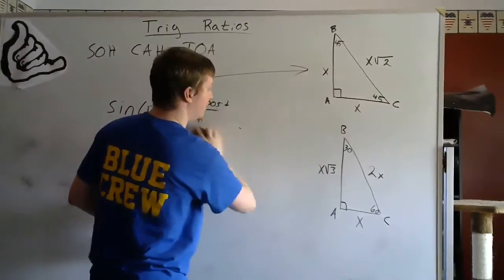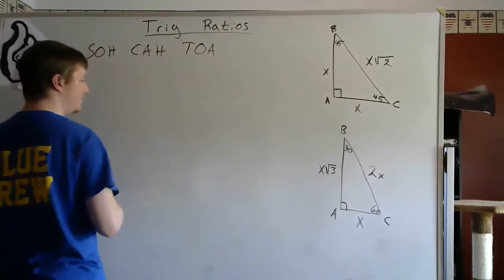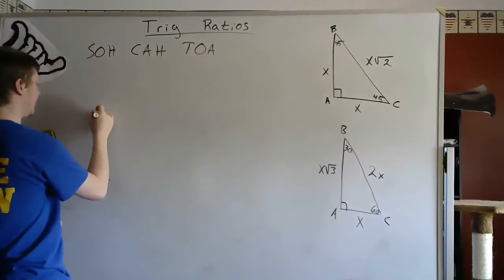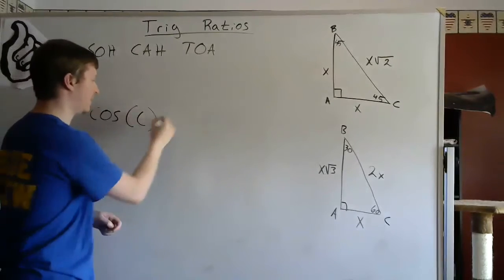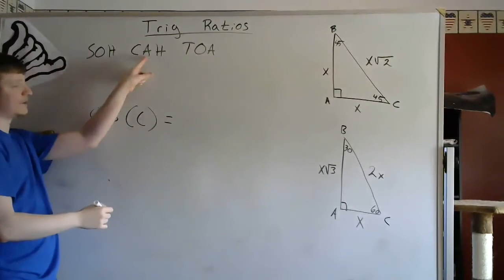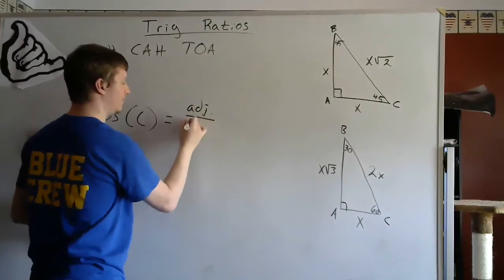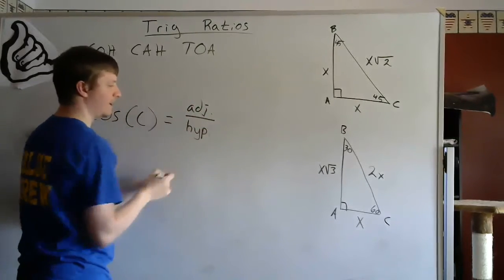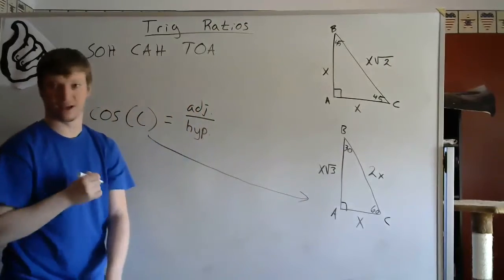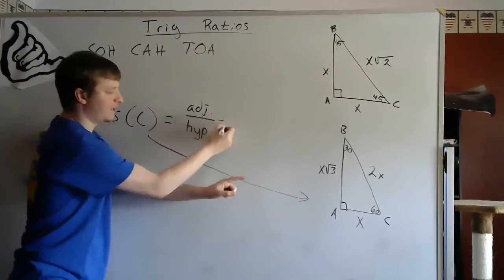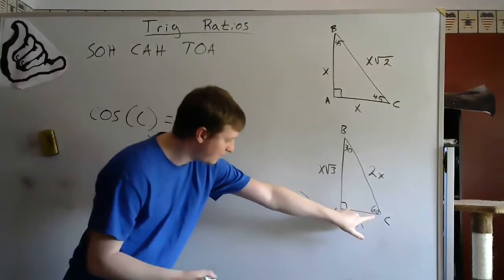Let's move down to my 30, 60, 90 triangle. And let's do the cosine of angle C. Let's see what I get for that. Cosine says that I want adjacent over hypotenuse. Now I look at the triangle that I'm using for this.